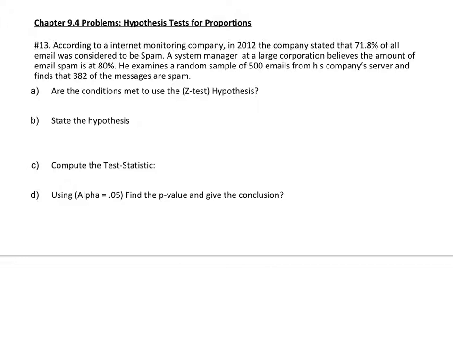So, are the conditions for meeting the z-test hypothesis met? Well, in this particular case, if we do n times p, we get 500 times 0.8, which is equal to 400, and that's greater than 10.